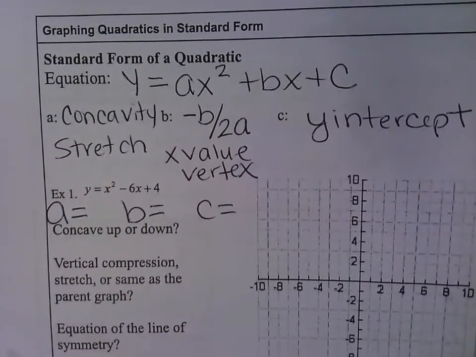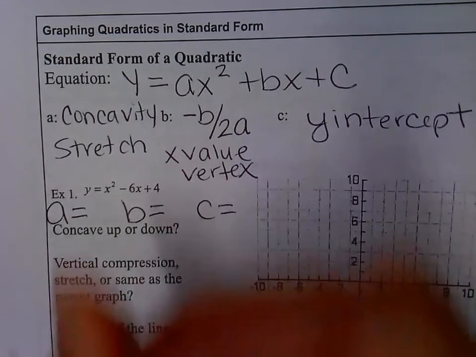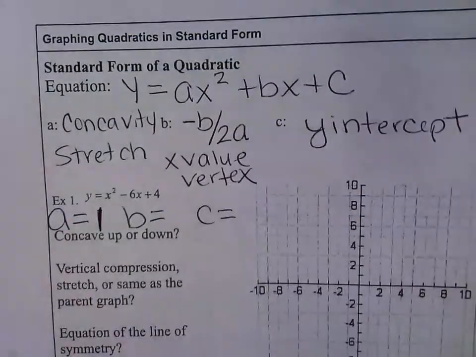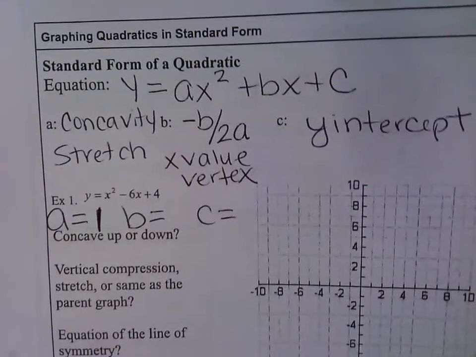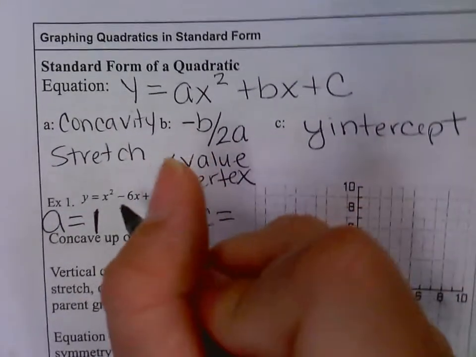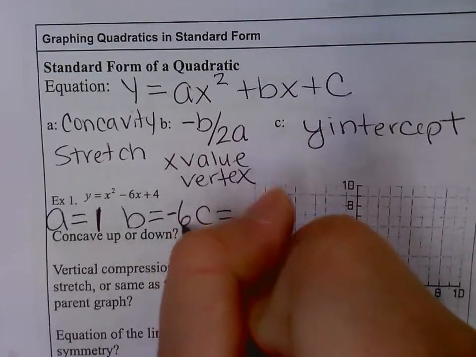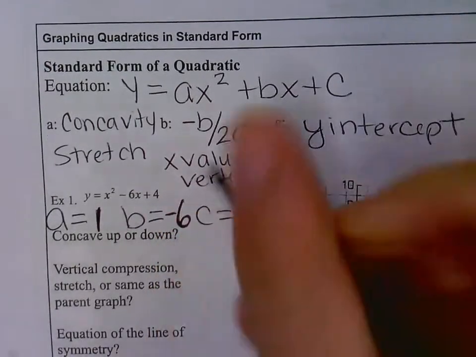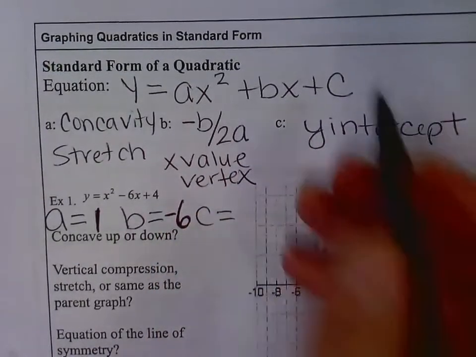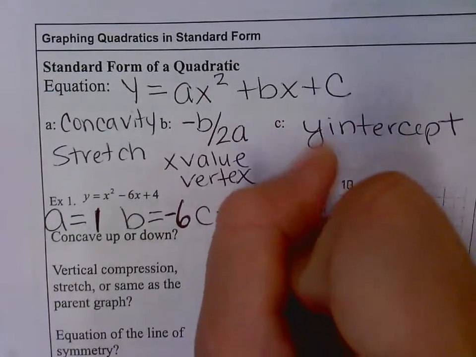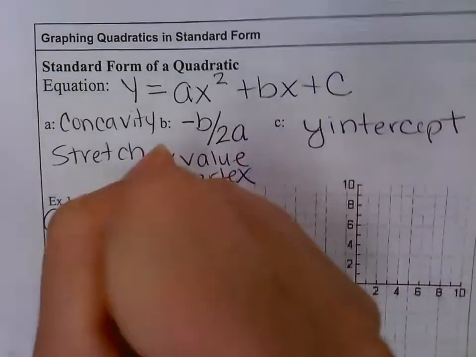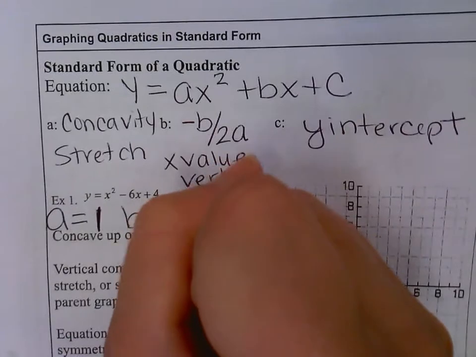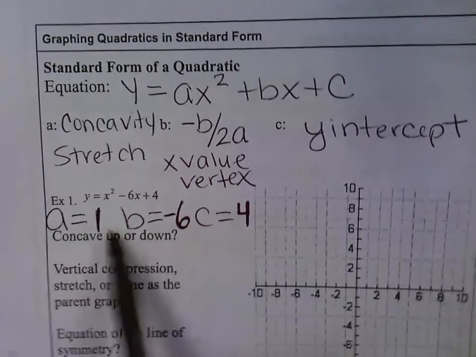So what is A? 1. So when you don't see it, it is 1, or maybe -1 if there's a negative sign. What is your B value? -6. So the B value in this problem is -6, and the C value is +4. I'm trying to draw those kind of bold so that we know what our three values of interest are.